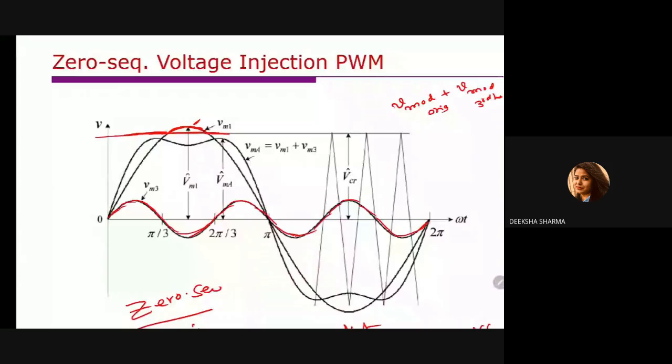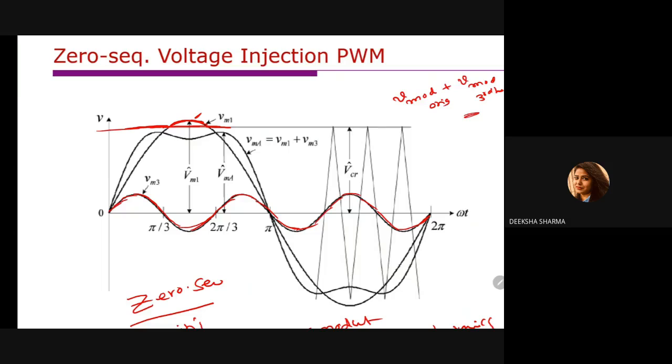We have added this third order harmonic, so this is the resultant. If we add this one, this is our resultant waveform. Clear?